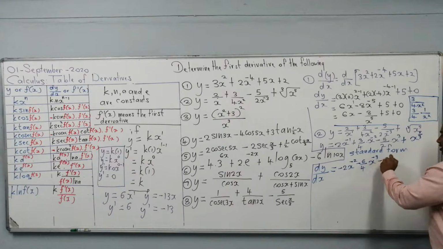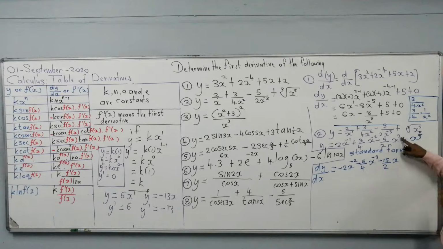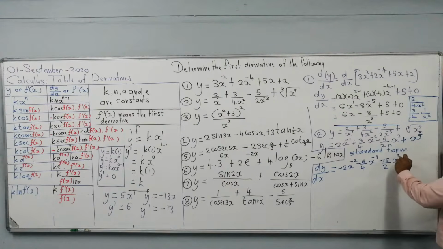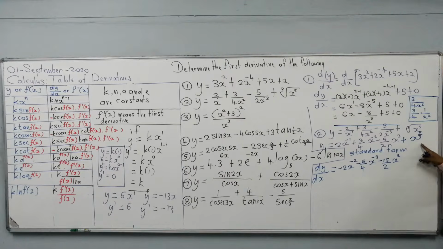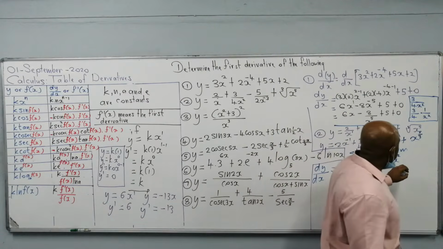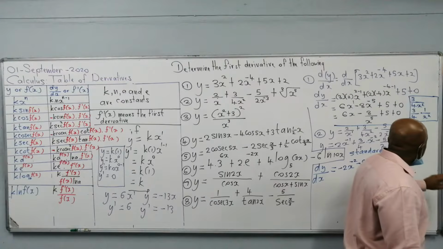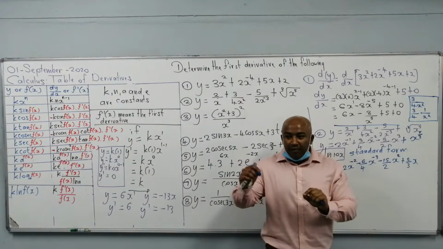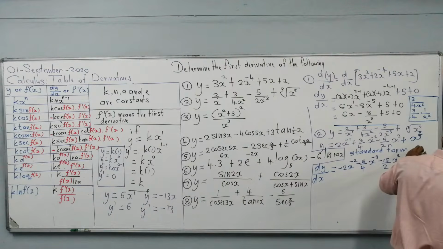That will be minus 15 over 2. x, and 3 minus 1 will give me 2. Are you clear with that? Then the last one here, you got a 1 in front, so it's 1 times 5 over 3. So 1 times 5 over 3 is 5 over 3 x, then 5 over 3 minus 1. That means 5 over 3 minus 3 over 3, which is going to be 2 over 3.